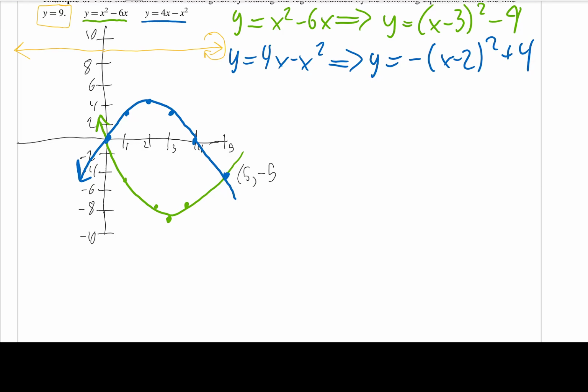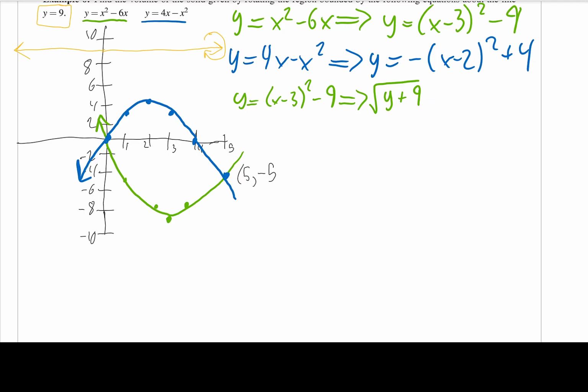For the green curve, that means we're going to have y equals x minus 3 squared minus 9. I'm going to add 9 over and then take a square root. So this is going to be y plus 9, take a square root, equals x minus 3. So then I'd have to add 3 over. Right?